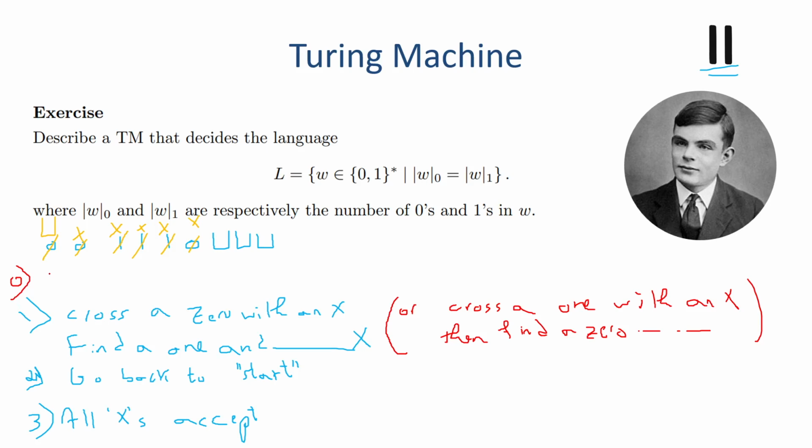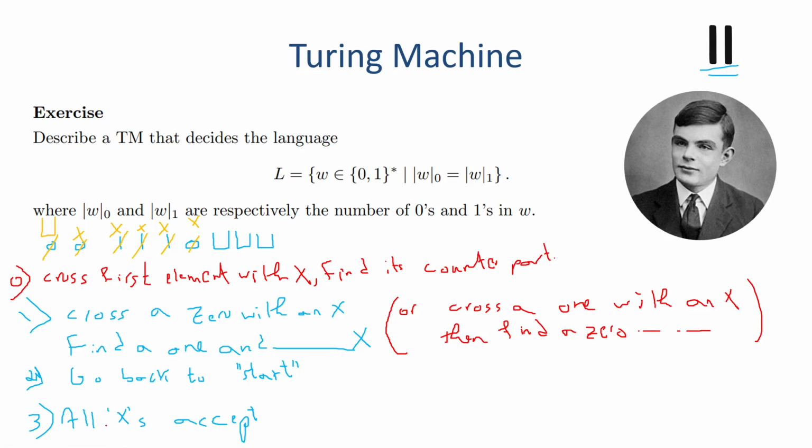So the first element, cross. This is a special case before we actually enter our loop. Cross the first element, because it could be either a 0 or a 1. Cross that element with an X and find its counterpart or its opposite, whatever we're looking for.